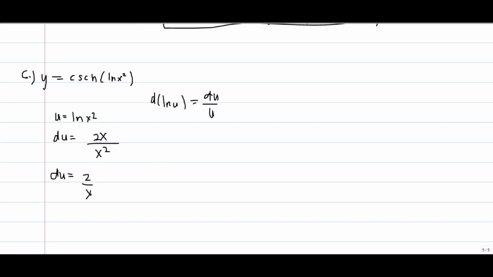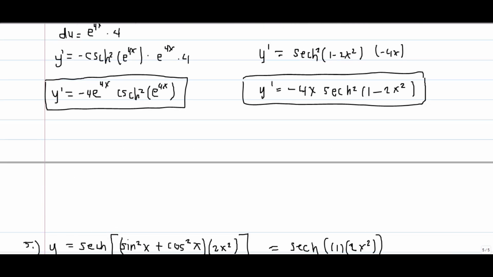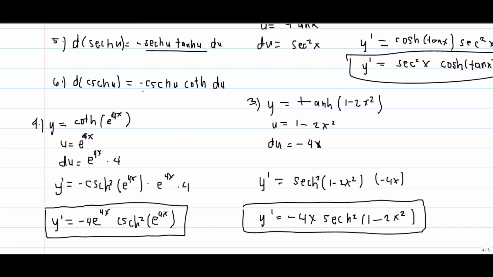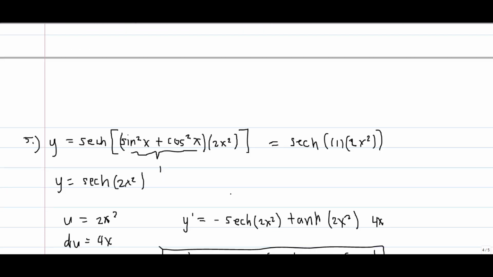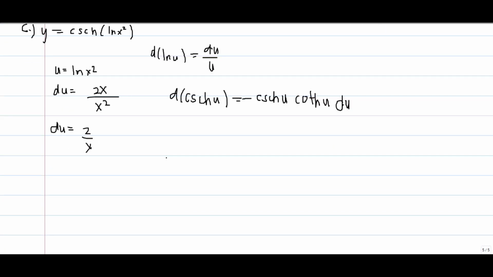Okay, so again take note that the derivative of csch u is equal to negative csch u coth u du. So let's review the formula: negative csch u, then coth u du.